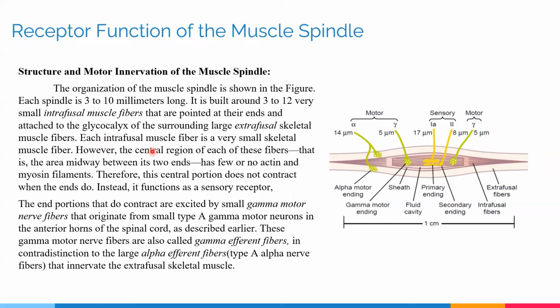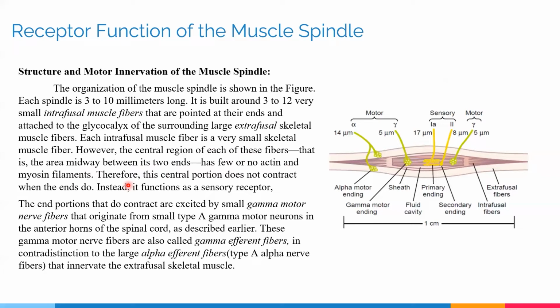Each intrafusal muscle fiber is a very small skeletal muscle fiber. However, the center region of each of these fibers, that is the area midway between its two ends, has few or no actin and myosin filaments.